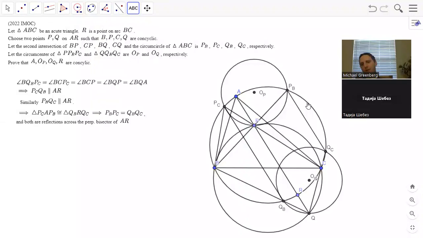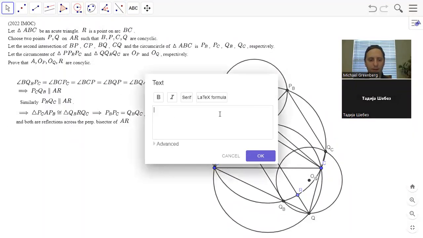Maybe you could more formally show that triangle PCOPPB is congruent to QCOQQB. Okay. That is an angle chase. Very easy. Oh yeah, I kind of like that. So PCOPB, we can write that, that's a good way to do it.